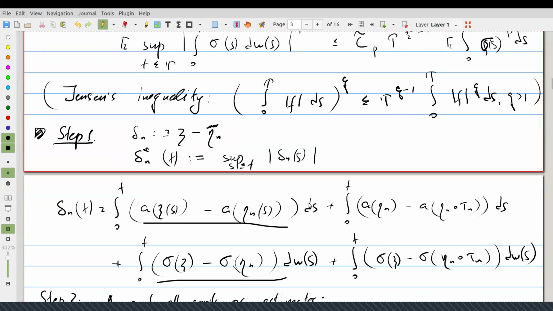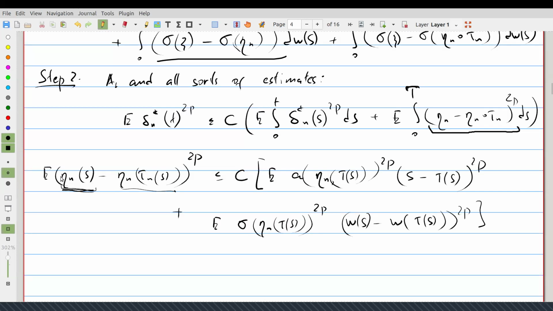Why? Because the difference between the value of this continuous process and the process stopped at the left-hand side of the corresponding interval of the partition is exactly the correction of the original scheme plus a linear interpolation of this form.